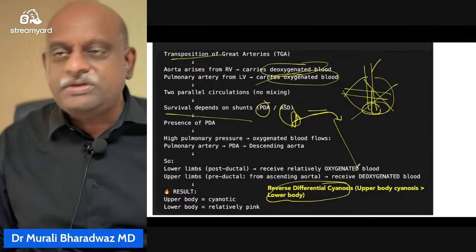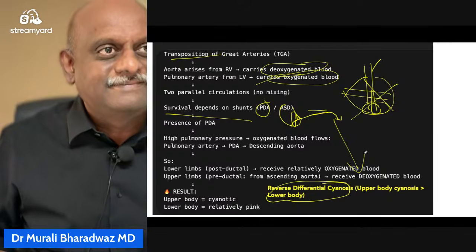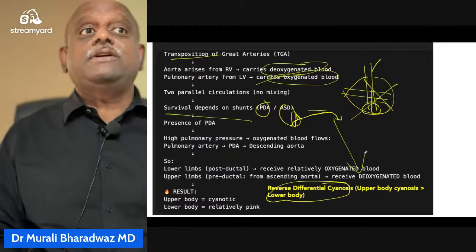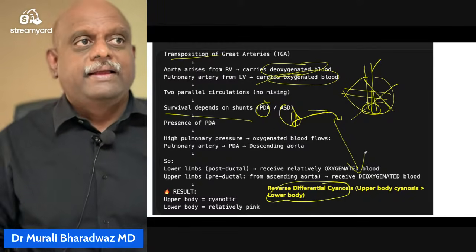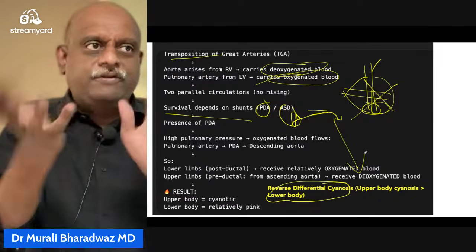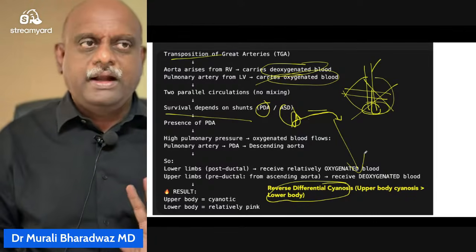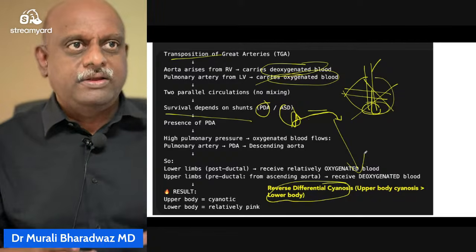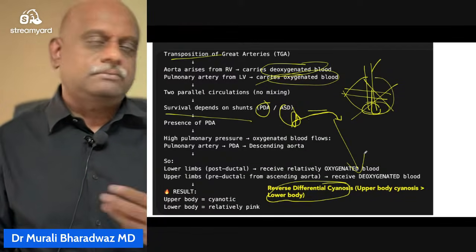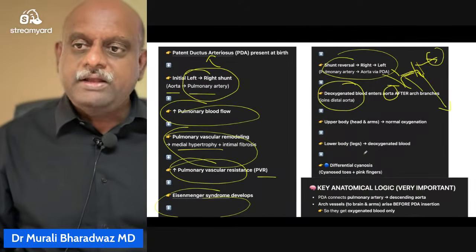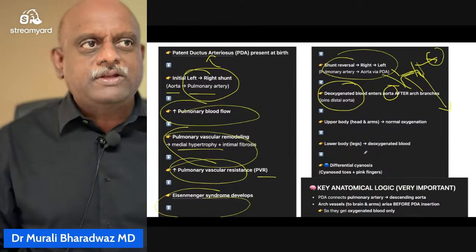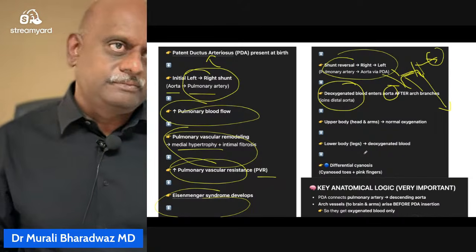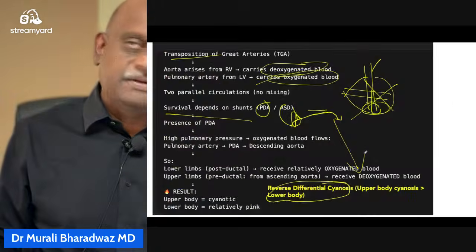So the lower limb receives oxygenated blood. Beautiful, no? Reverse differential cyanosis is a feature of transposition of the great arteries or any right-left condition with PDA. Whereas ASD, VSD, PDA with Eisenmenger will lead to regular differential cyanosis.